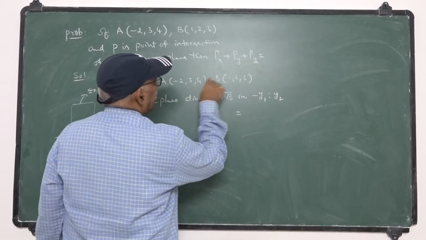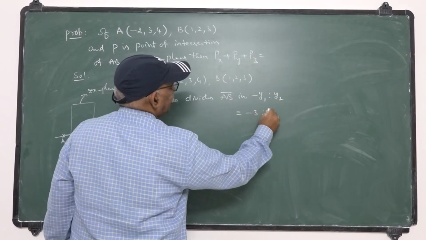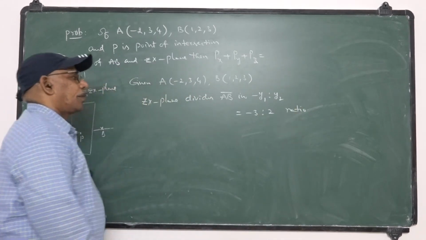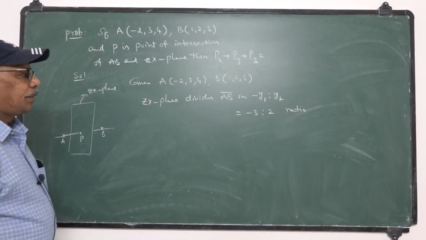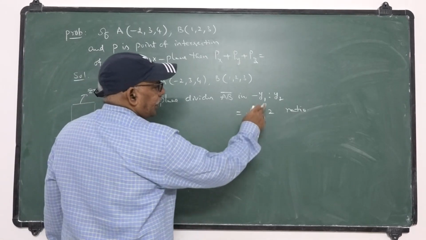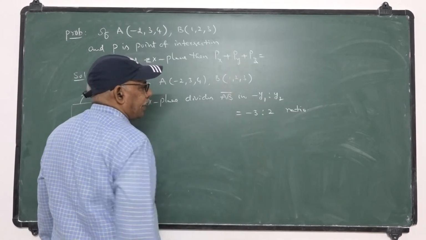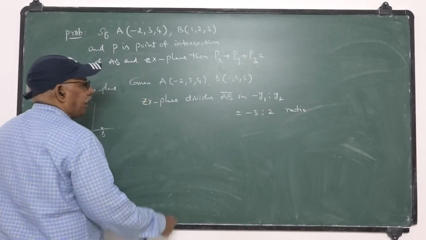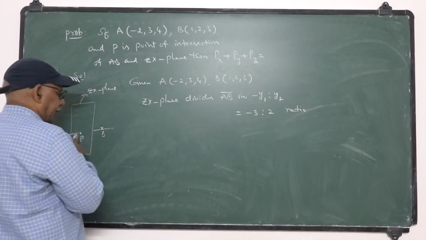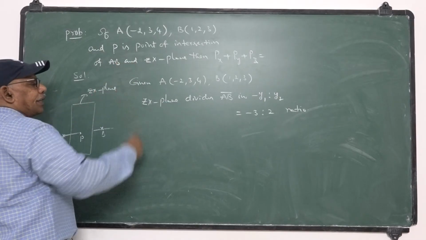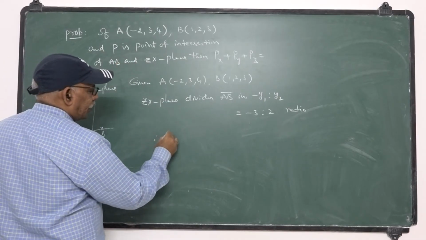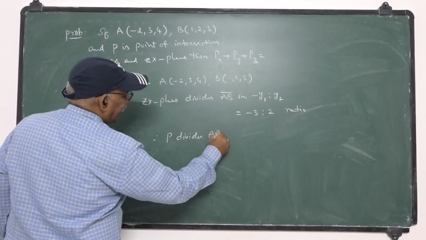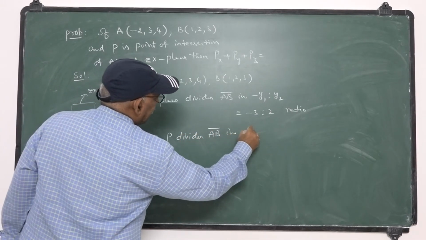That is minus y1 is to y2, which is minus 3 is to 2. The ZX plane divides AB in the ratio minus y1 is to y2, that is minus 3 is to 2 ratio, at P. That is given here. So therefore, P divides AB in minus 3 is to 2 ratio.